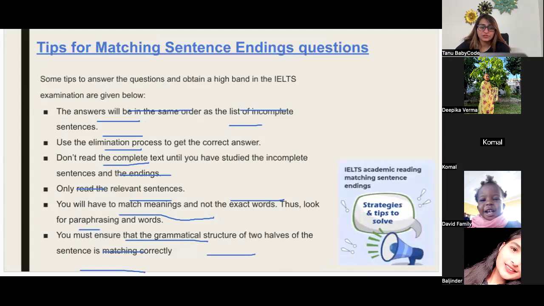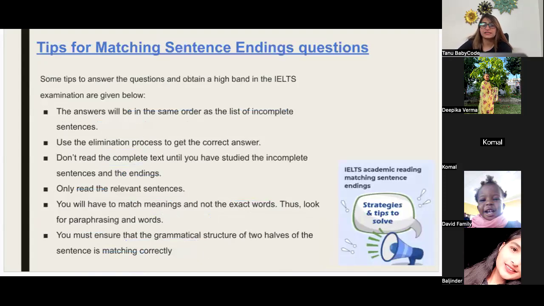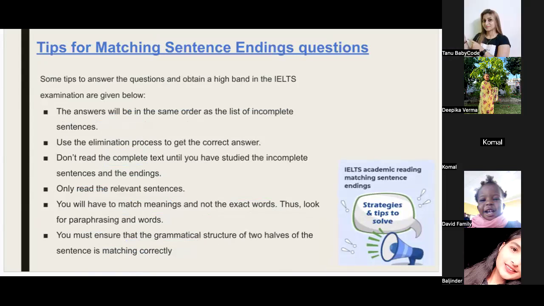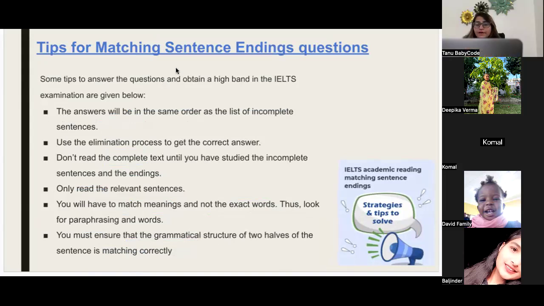What are the tips for matching sentence ending questions? The answers will be in the same order as the incomplete sentences. Use the elimination process so that you can find your correct answer.